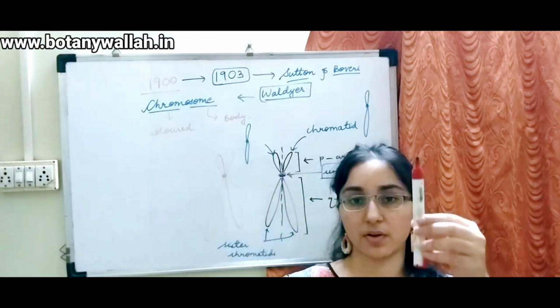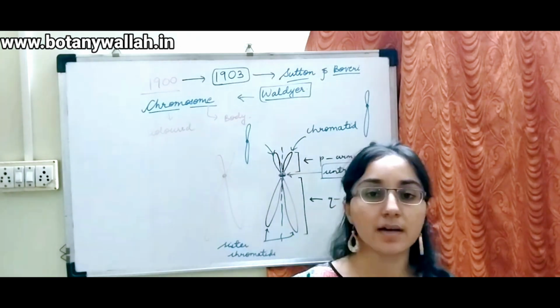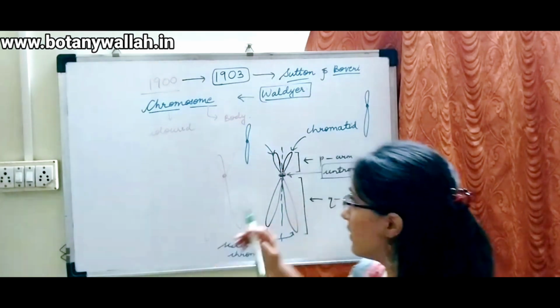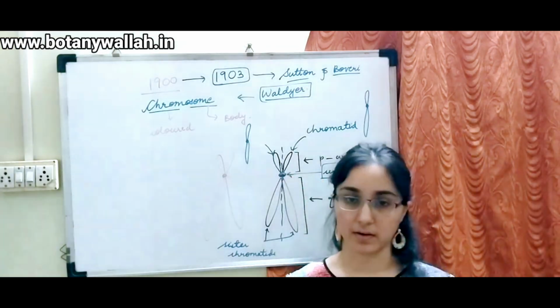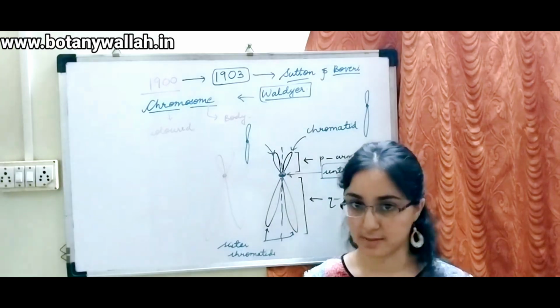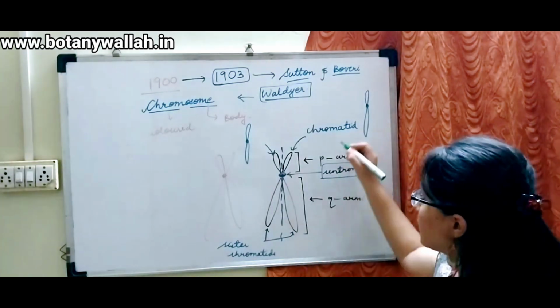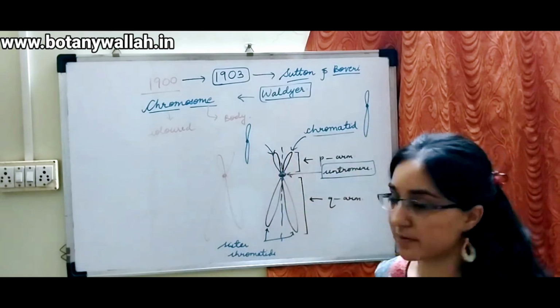Let us consider this is one chromatid and this is the second. We say the centromere is present here. We can't say that it is present only in the center. It can be present at any position. This also we will discuss in an upcoming part. So this is one centromere, this is one chromatid, and this is the second chromatid.